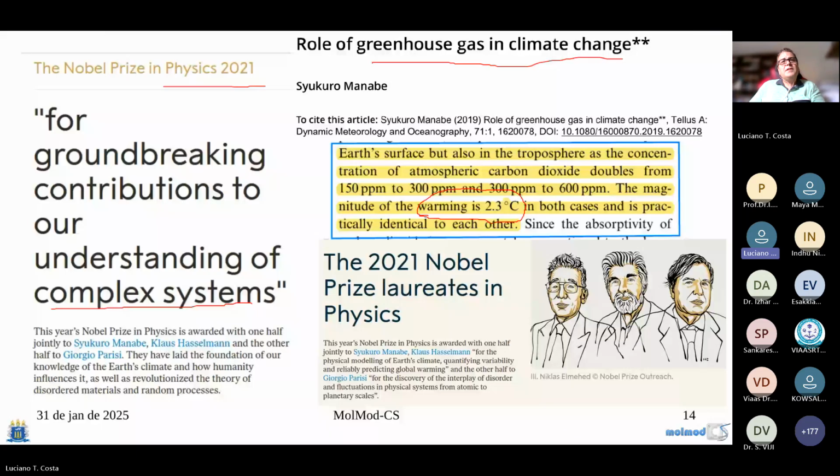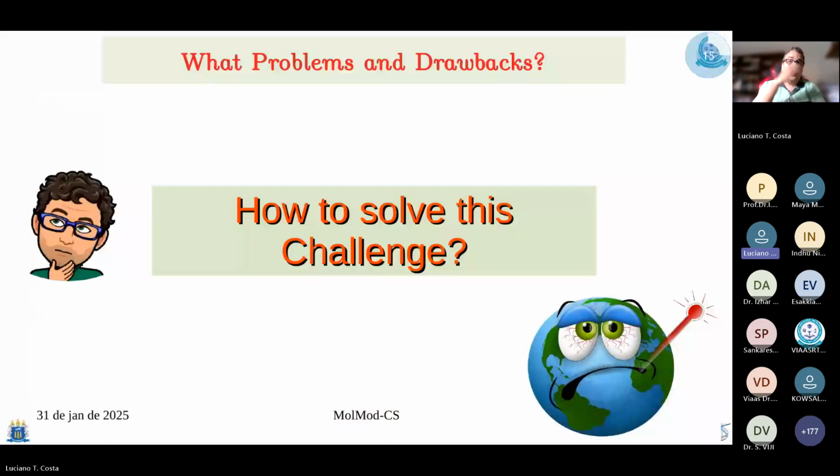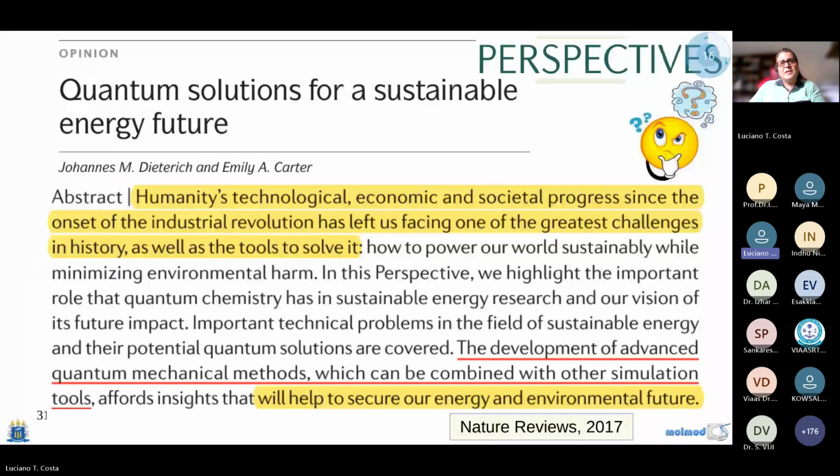So, but the question is how to solve this challenge, how we can deal with that, okay? Because of course we have many problems and drawbacks to deal with. And I'd like to share this important paper published in Nature Reviews in 2017 by Professor Emily Carter, about quantum solutions for a sustainable energy future.